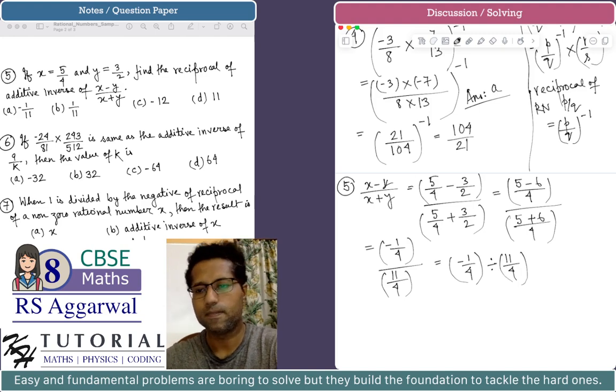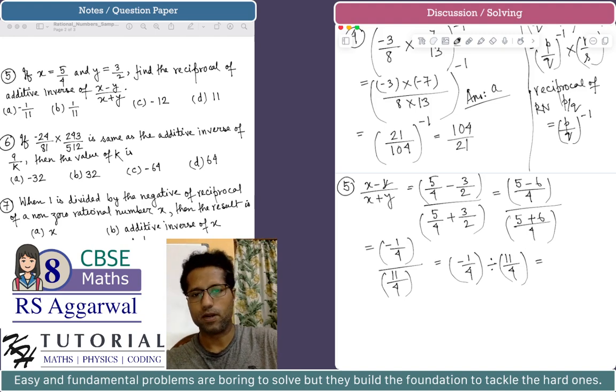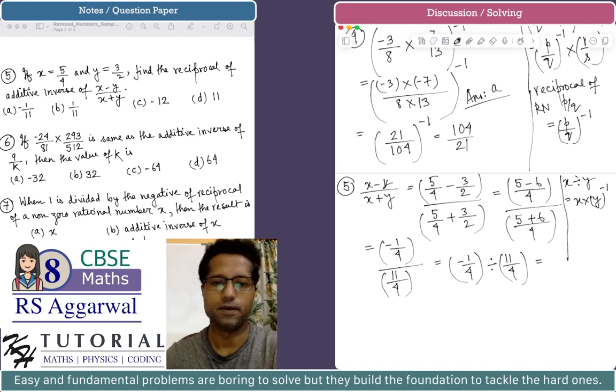Now we know that if x and y are two rational numbers, then x divided by y is equal to x multiplied by the multiplicative inverse of y.